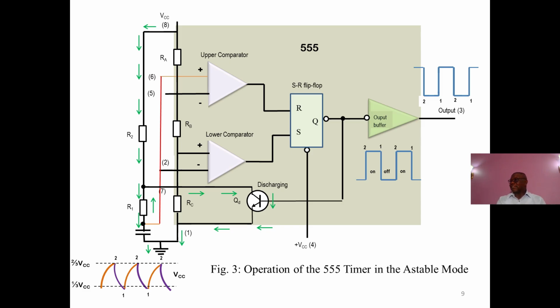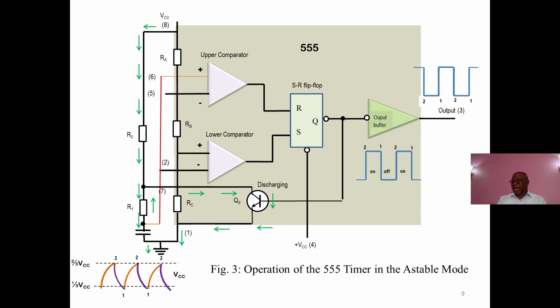Then as it begins to charge, when it gets to 1/3 of VCC, the lower comparator switches to its low output, and when the capacitor voltage increases and reaches 2/3 of the VCC, the upper comparator switches to its high output value.